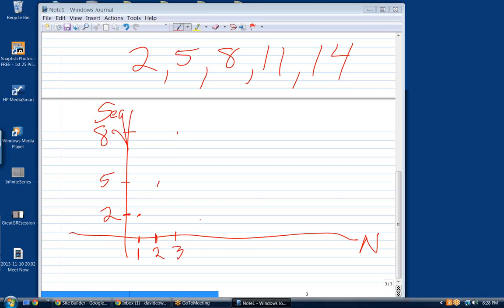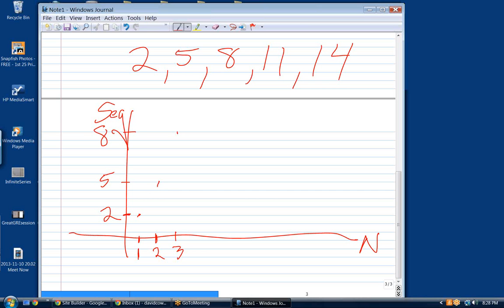So it's a scatter plot of dots, where your horizontal axis is the number of terms of the sequence, and your vertical axis is the value of the term. That's about all you need to know about the graphs of it. That's pretty easy.